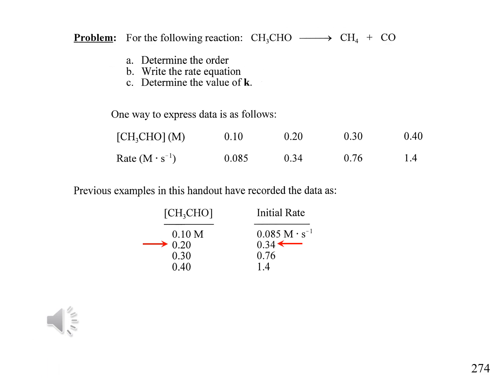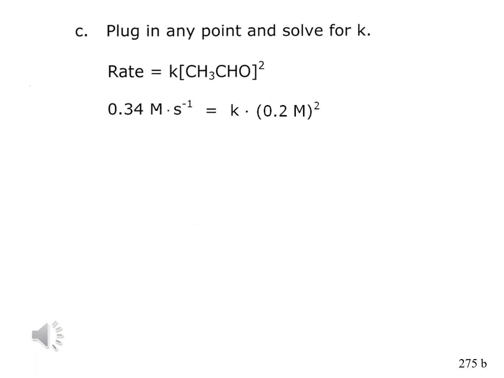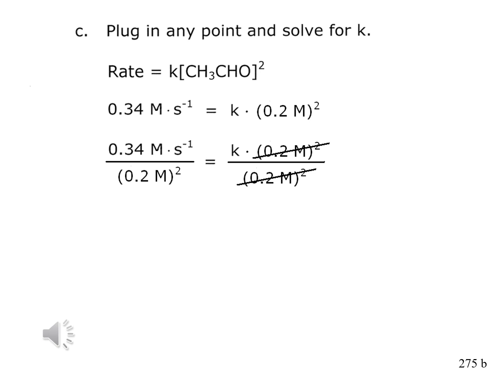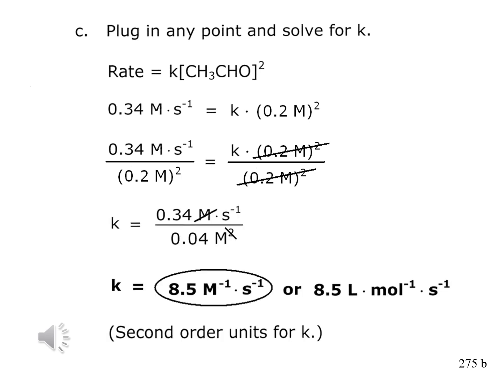I chose the second point in the data. So if you plug it in, you want to solve for K. You divide both sides by 0.2 squared this time, and you end up with E.5 as the K value, and the units are correct for second order.